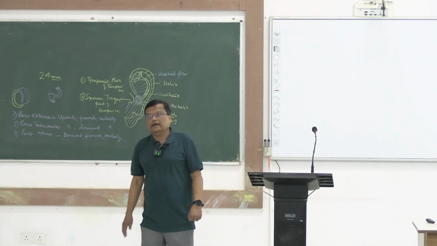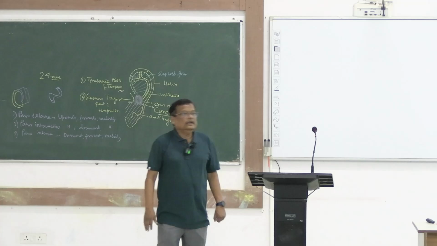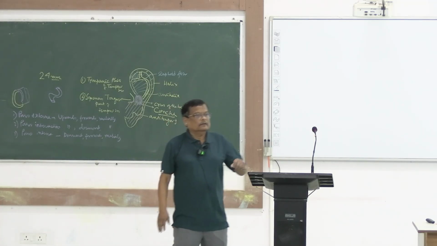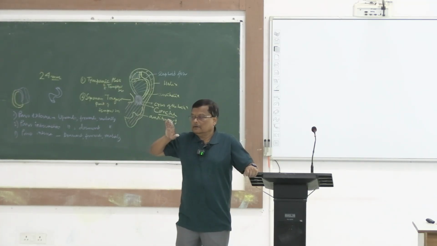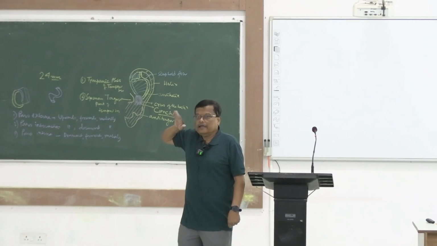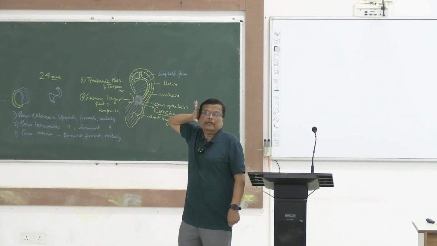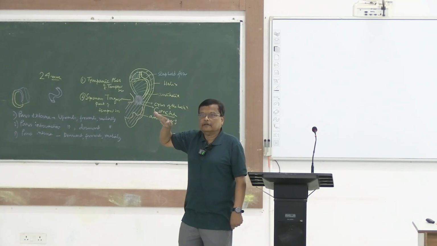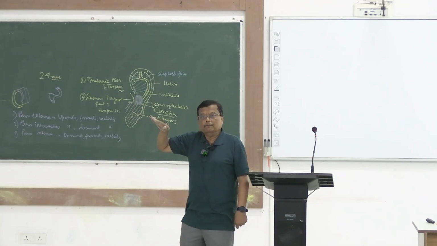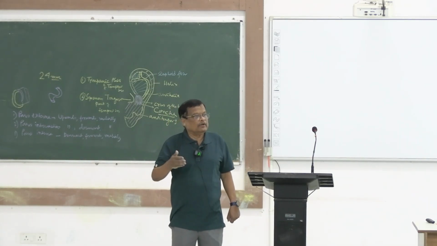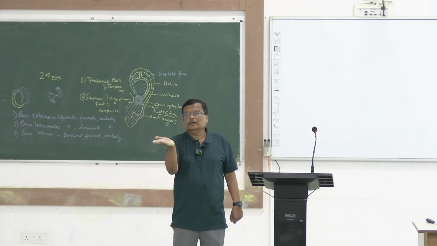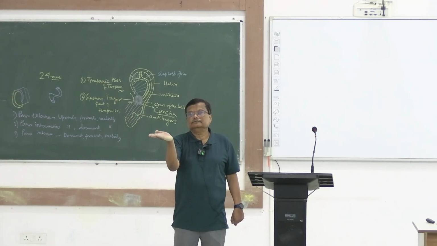Another important point is that in an adult, the tympanic membrane is directed like that, not like that. Look carefully: it is directed downwards, forwards and laterally, right? But in infant and children, it is more or less horizontal.